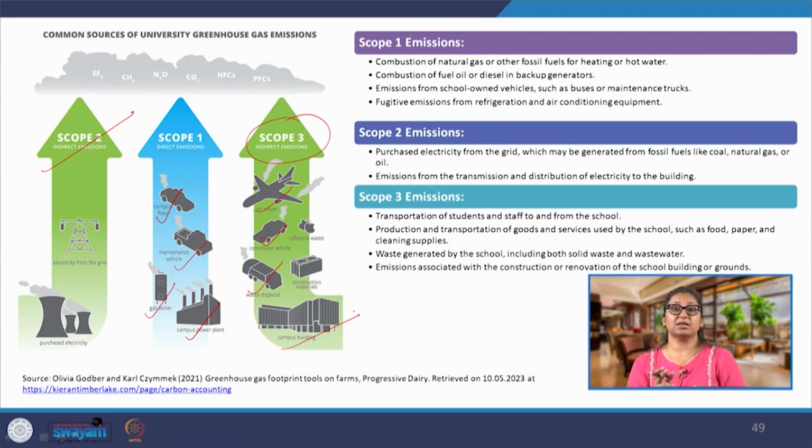The emissions that are coming from them are direct emissions, but the campus buildings, other than those direct emissions, have been put in scope 3 indirect emissions. Why? Because the buildings themselves are not resulting in emissions directly. All the direct emissions we would have already included in scope 1.